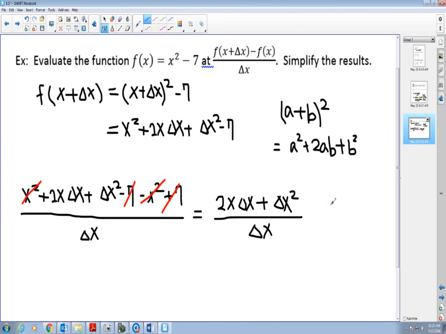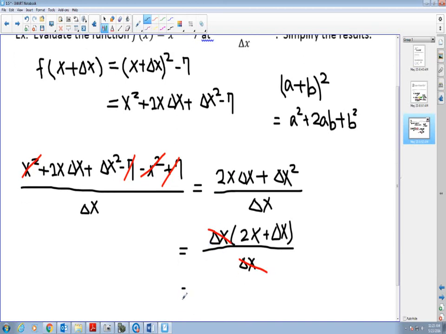Alright, since the two terms on top both have delta of x, I can factor out my delta of x. So that will leave me with 2x plus delta of x. And once I make the top into one term, I can now cancel it out with my denominator. So the delta x will cancel out. So my final answer will just be 2x plus delta of x.